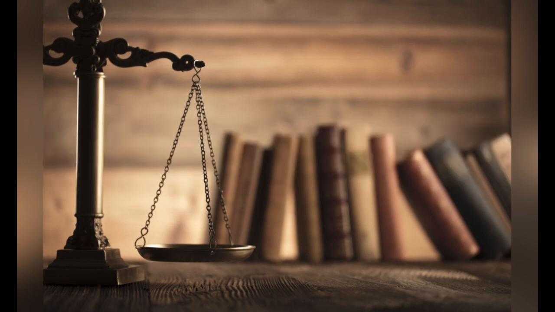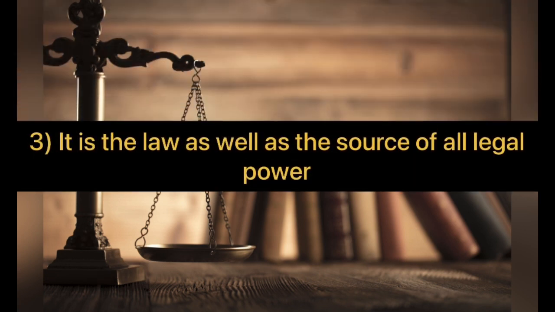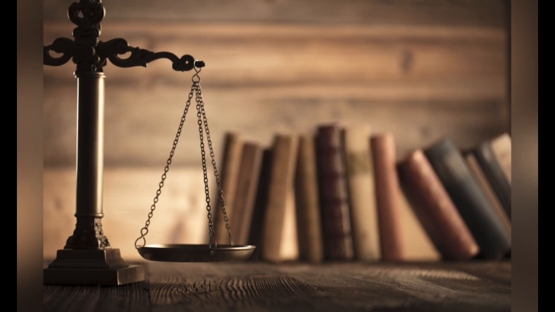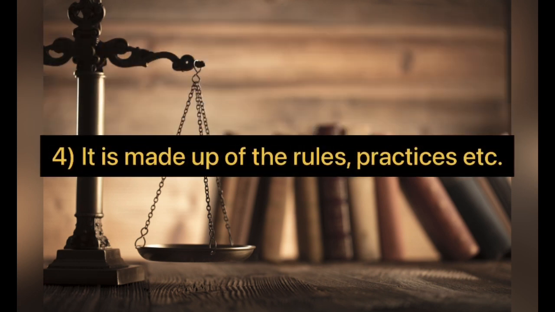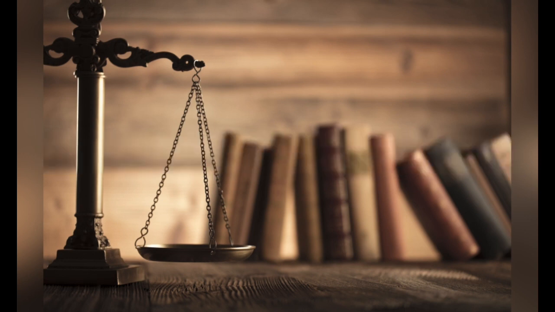See the preamble of the 1992 Constitution, Chapters 8, 10, and 11 of the Constitution. 3. It is the law as well as the source of all legal power. This combination makes the Constitution the fundamental law, Article 1 Clause 2 and Article 2 Clauses 1 and 2. 4. It is made up of rules, practices, etc., Article 11 and Chapter 6 of the Constitution.